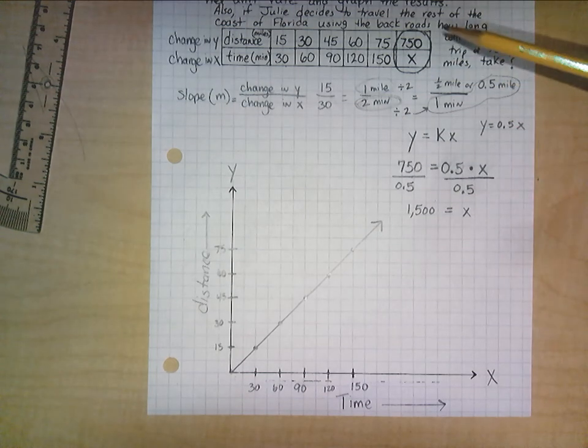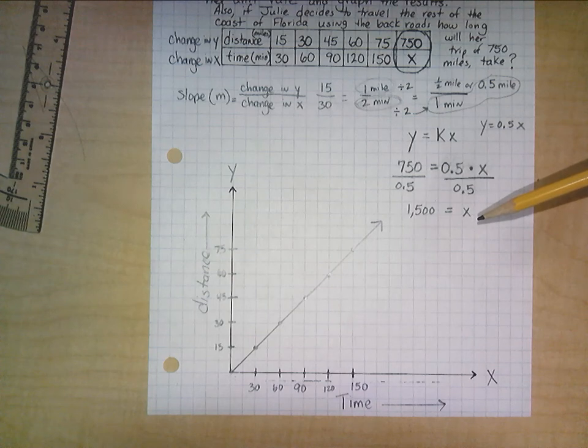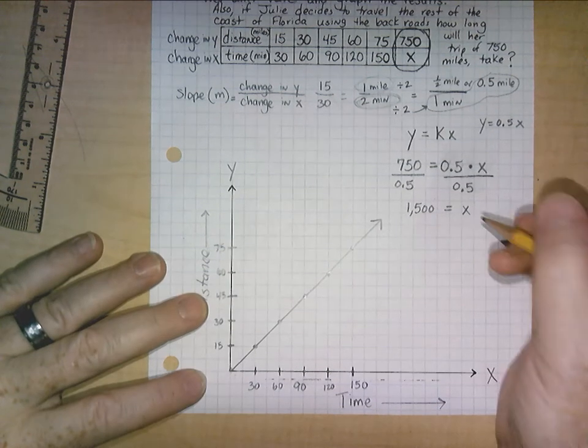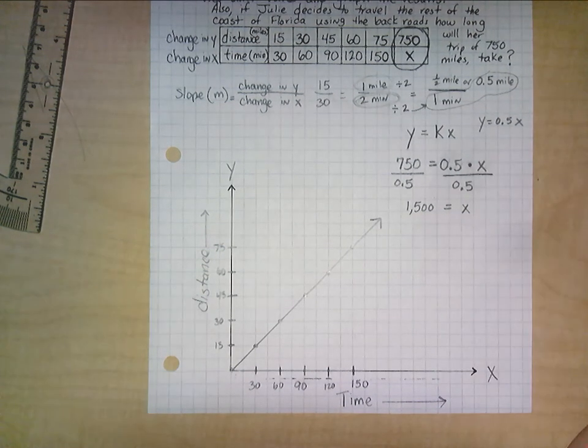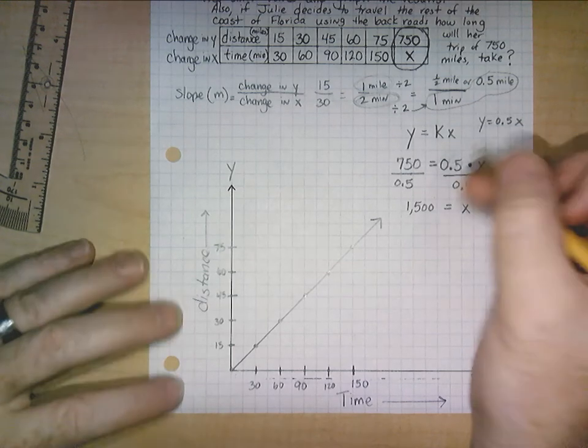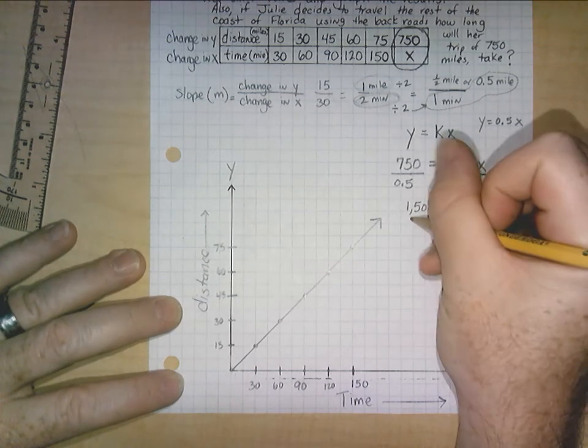So in order to go 750 miles, it's going to take her 1,500 minutes. And for time, if you want to know what that is in hours, you just divide this by 60, and you'll get your answer. Which would be what? Let's see. This is in minutes, right?